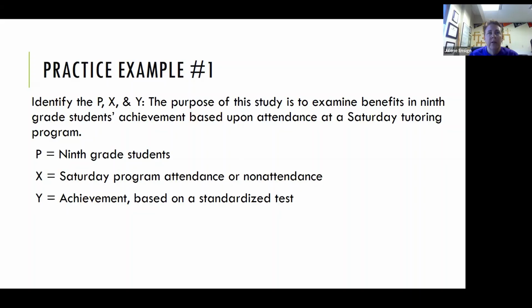Our first variable is the Saturday program attendance, or non-attendance if they don't come. And Y, the dependent variable, is achievement. The X variable is often the more consistent thing that we can measure very easily, like whether they came or didn't come. And the achievement varies probably based on their attendance or non-attendance.